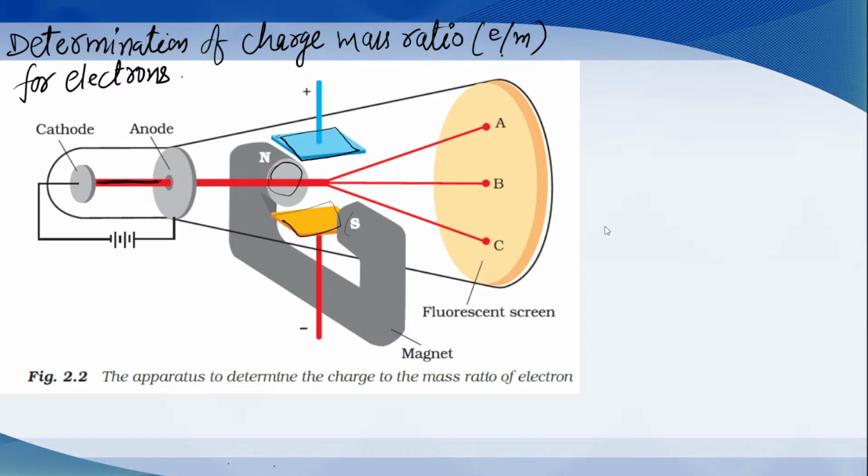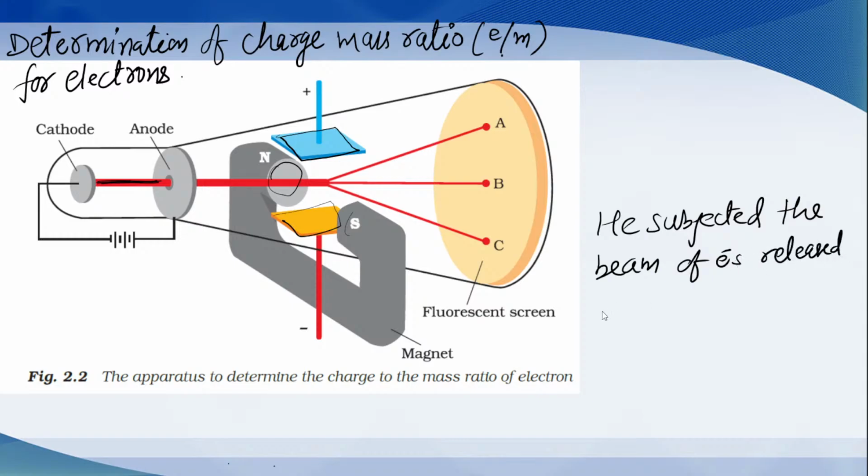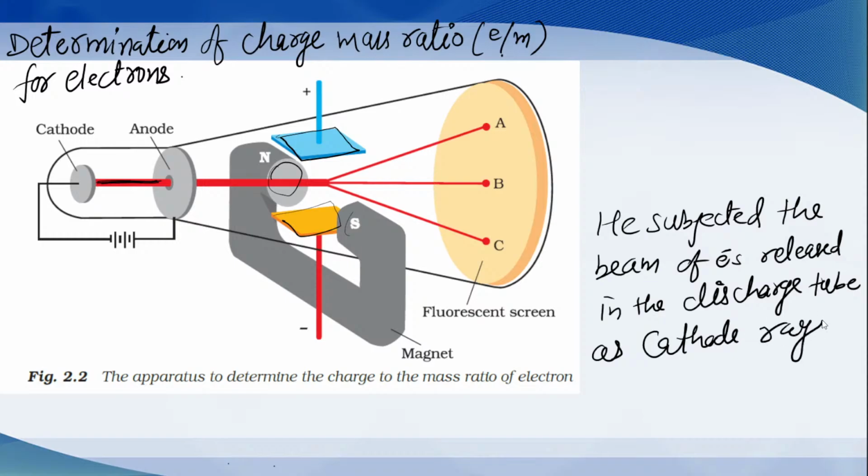So what he did, he subjected the beam of electrons released in the discharge tube as cathode rays and see the effect of electric and magnetic field on this beam.